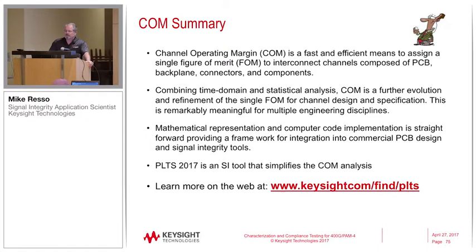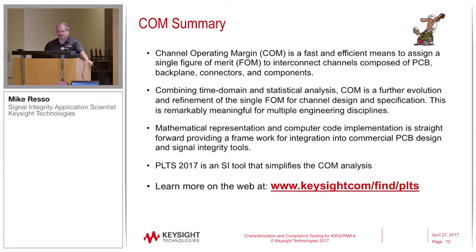So in summary of the slides, I'm going to give a quick summary, and then I'm going to do an actual demo for you so you can see what it looks like. We talked about channel operating margin being a fast and efficient way to assign a single figure of merit. And it's for all interconnect channels: transmitter, media, and receiver.